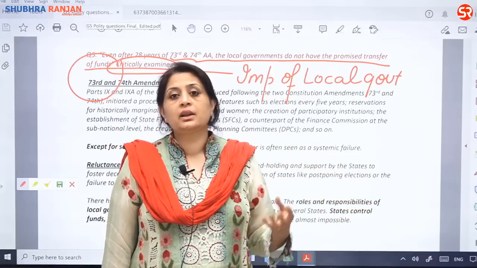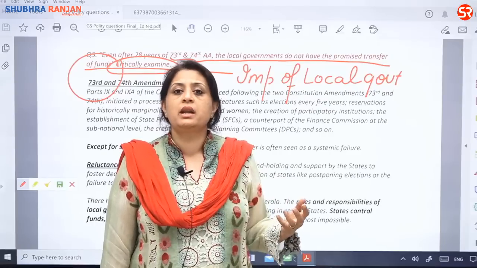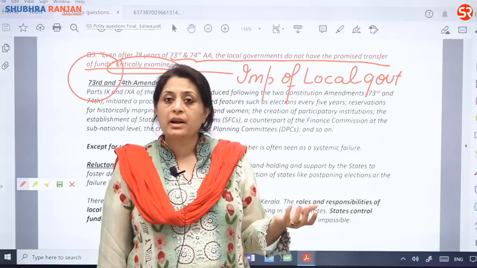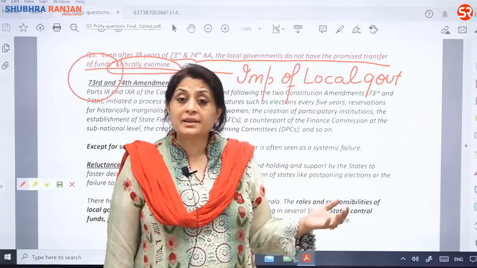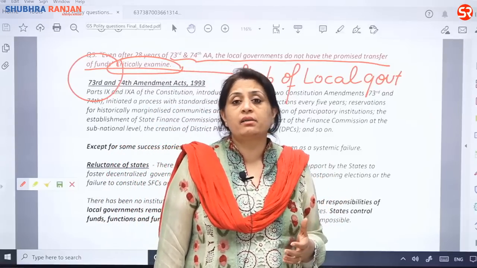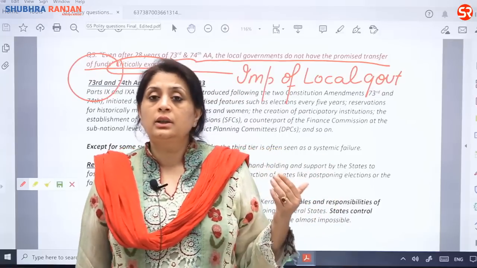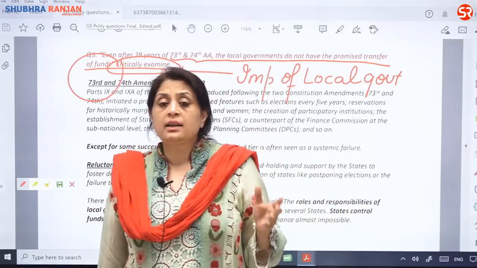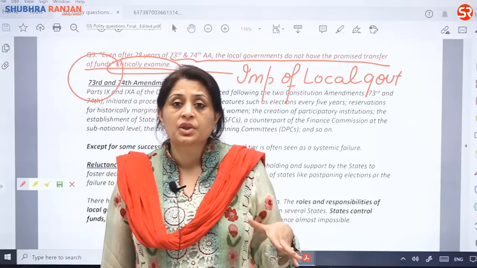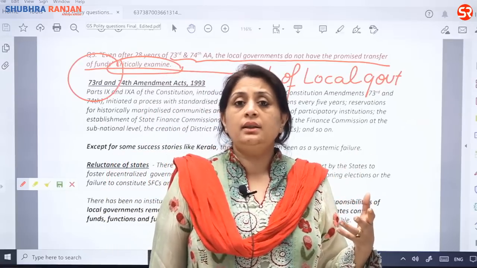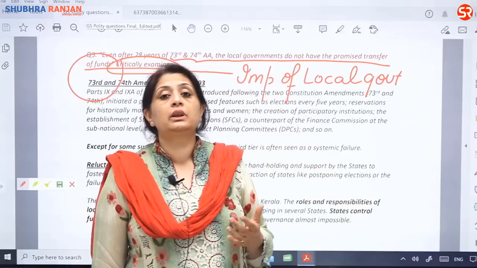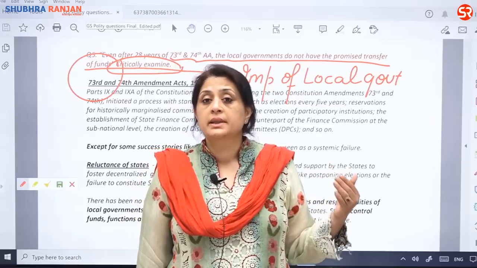Having its own revenue is very important, so that these governments can take independent and timely decisions according to the needs and requirements of the people at the local level. Again, you can also mention that not only are enough funds not available, the center is still continuing with its centrally sponsored schemes.